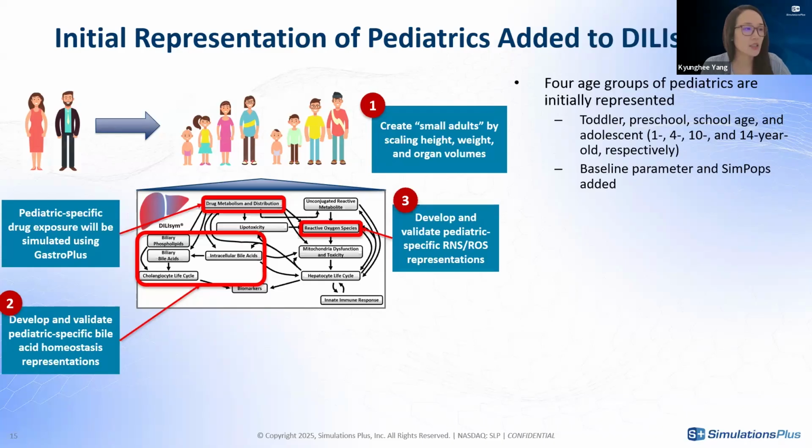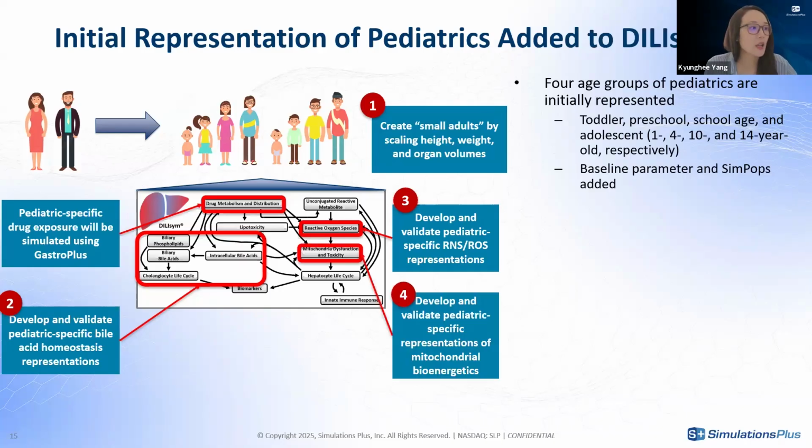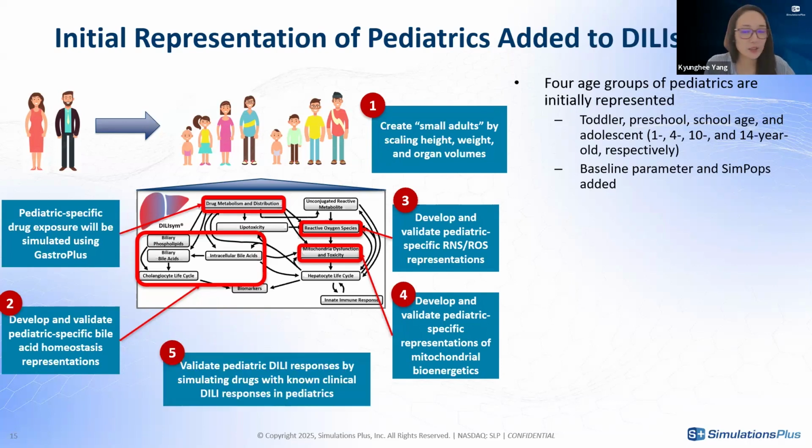And then the next step will be, step by step, again a pediatric specific representation of the oxidative stress pathway, based on the data available, and then onto the mitochondrial bioenergetics, which is specific to the pediatric population.